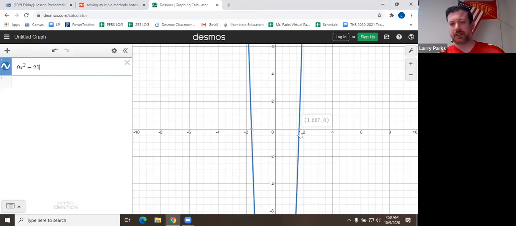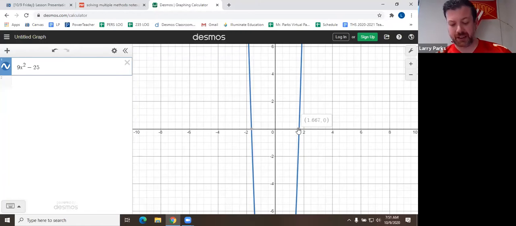So what is wrong with doing it that way? Well, 5/3, I mean, this is rounding. It does not cross at 1.667. It crosses at approximately 1.667. So if you want an exact solution, you should not use graphing, because the exact solution is 5/3.